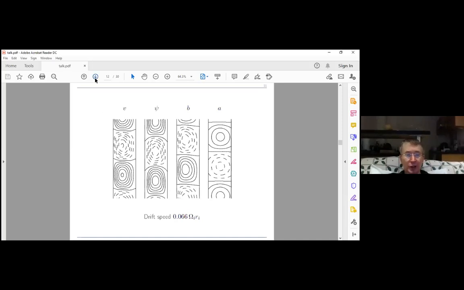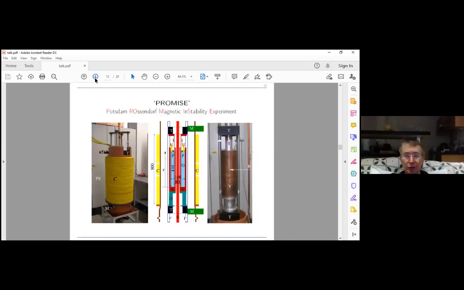Well, time is definitely ticking, so we better move on. And so here is the experiment that we set up then. So there is the basic experimental setup. You can see it's some sort of a vessel like so. The liquid metal gets poured in the top there.